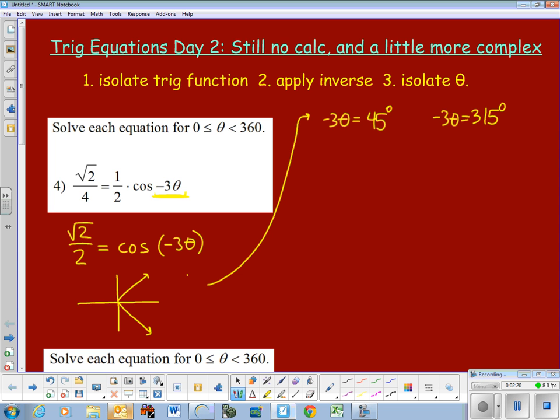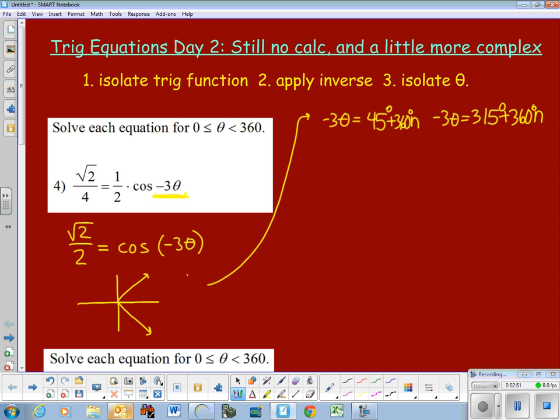My last step, to sneak ahead to step 3, is going to be dividing by negative 3. So what happens there is there are values outside of 0 to 360 that when divided by negative 3 come into 0 to 360, if you know what I mean. What that means for you is you need to add 360 degrees in to each of those.